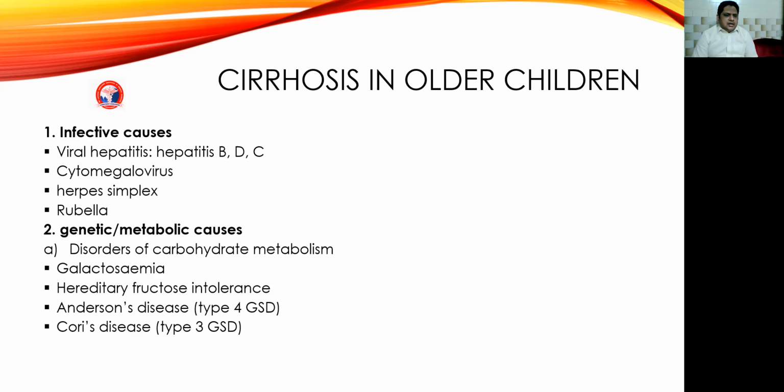Next is genetic or metabolic causes. So after ruling out infective causes, if you are not able to make a diagnosis, look for genetic cause or metabolic cause. The disorders of carbohydrate metabolism: galactosemia, hereditary fructose intolerance, Anderson disease, and Cori's disease.